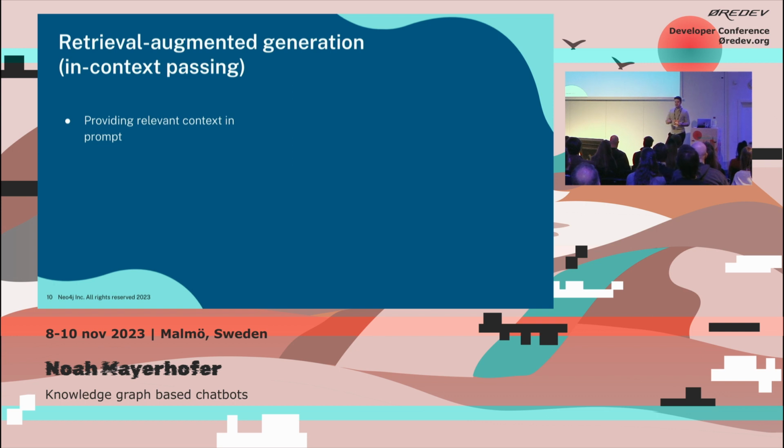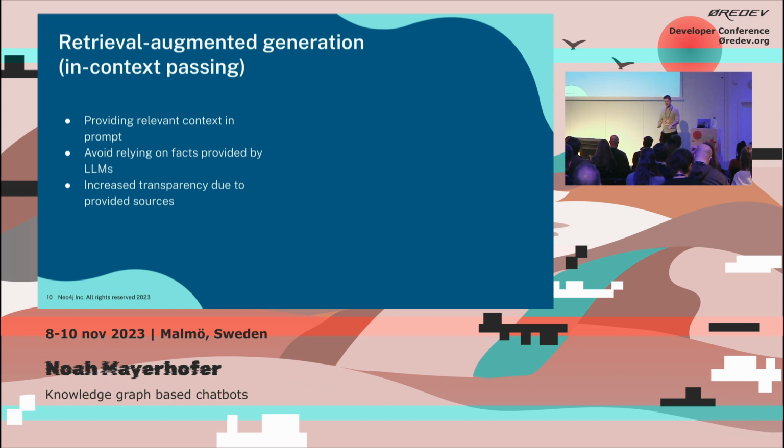So you give it some information that you think will help it answer the question. And this makes it so you avoid relying on the underlying facts that the LLM has been trained on. You get increased transparency since you know where the information you've provided the LLM comes from. But the answer is only as good as the context you give it.